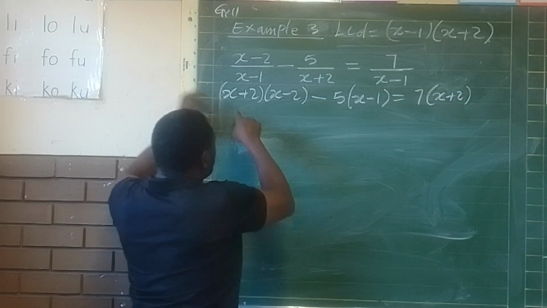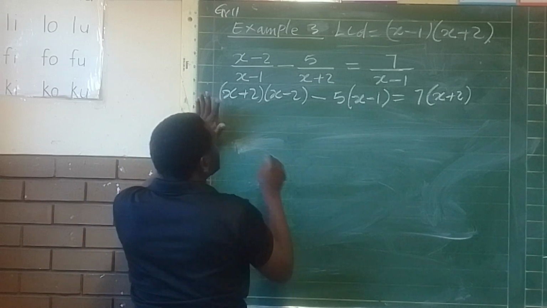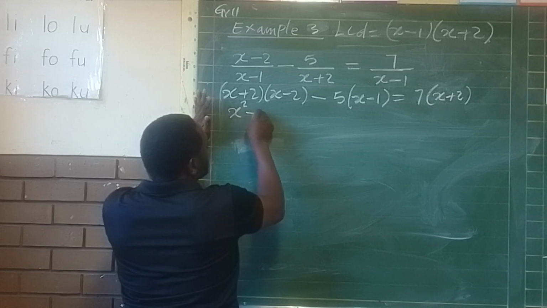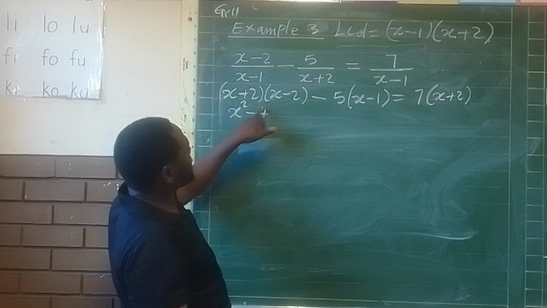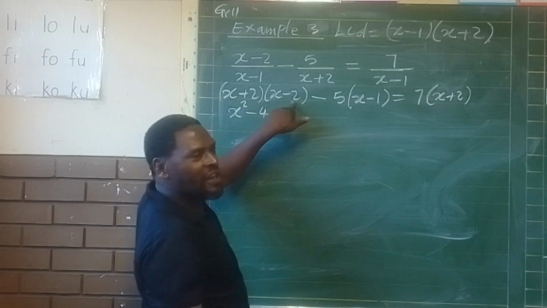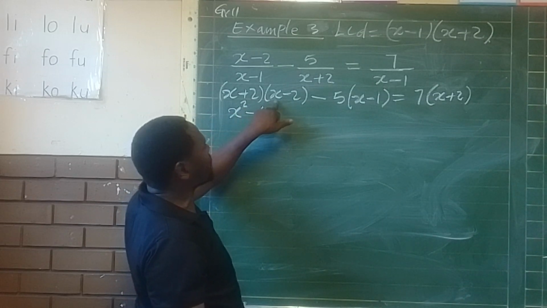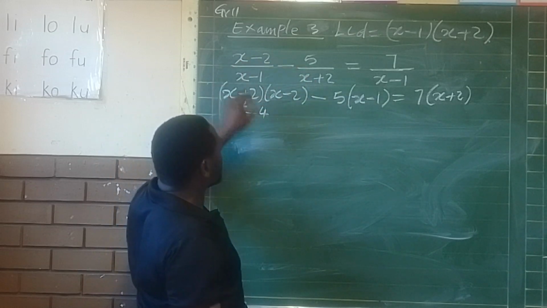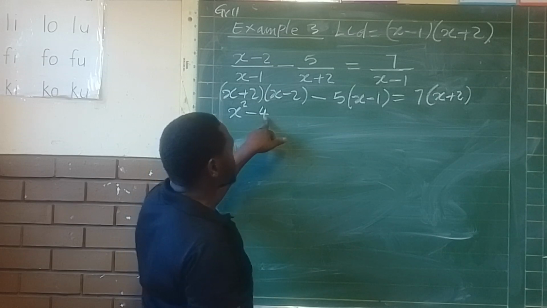Right? You multiply here, this is going to give you a difference of 2 squares. It's x squared minus 4. x times x is x squared. x times minus 2 is minus 2x. Positive 2 times x is positive 2x. They cancel each other. Then you are left with 2 multiplied by minus 2, which is minus 4.